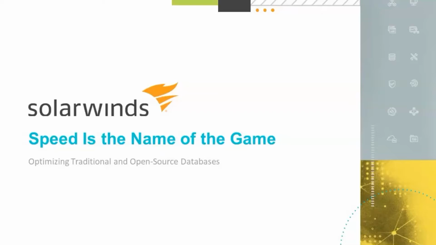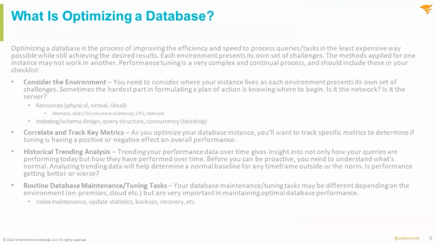So everything that we're going to be talking about today is going to tie directly to that end goal. Database optimization can be very complex, and as you'll see, there are many considerations and challenges based on the type of database platform, the environment that those database platforms are running in, along with the application's design and that application's behavior. Because of this, it's easy to get caught up in the weeds.